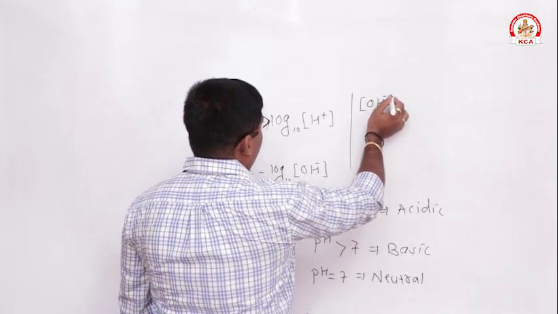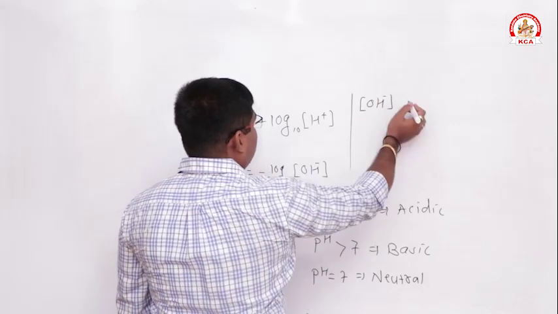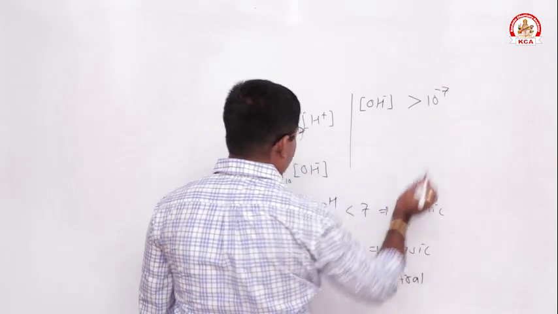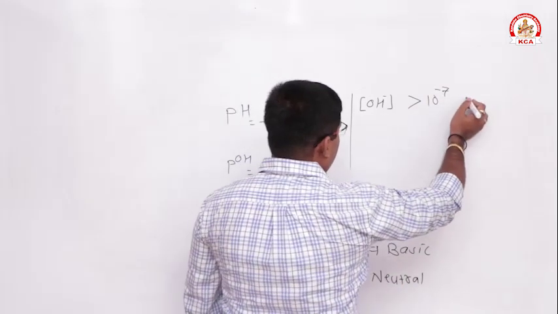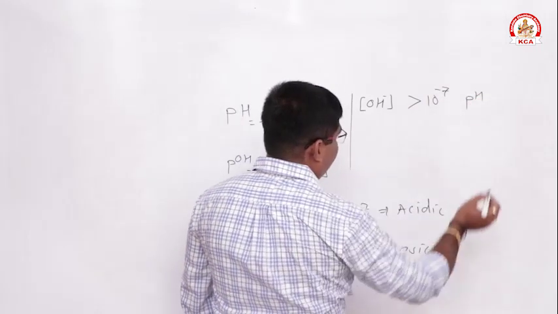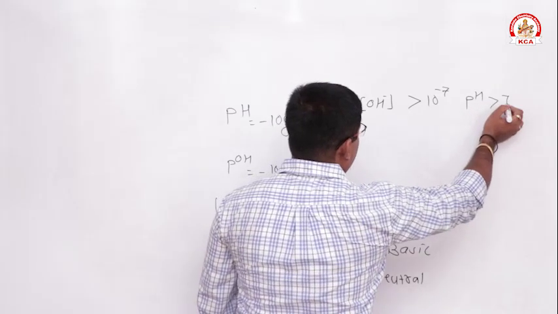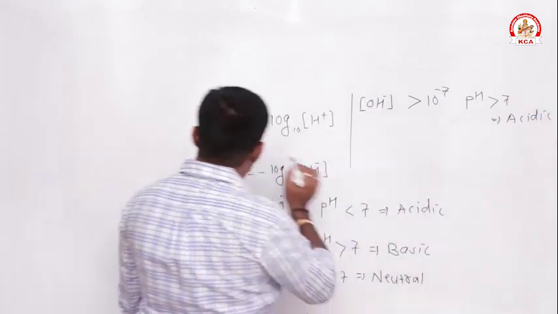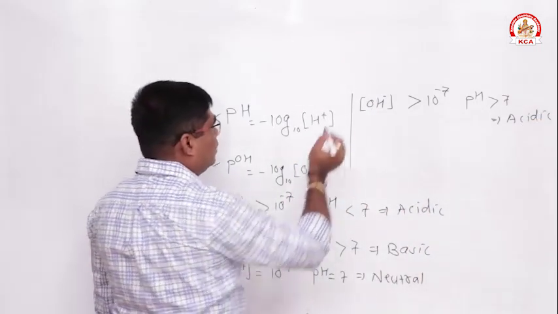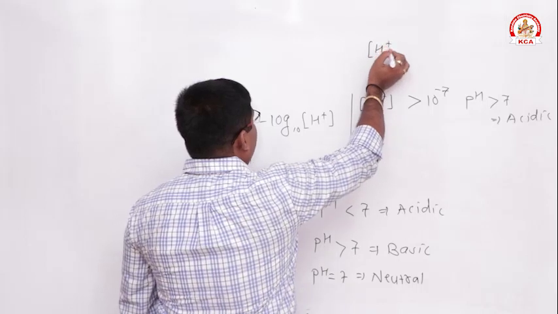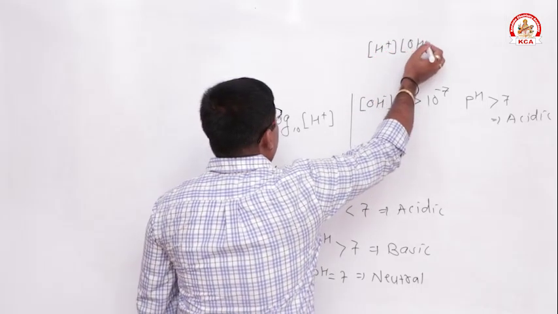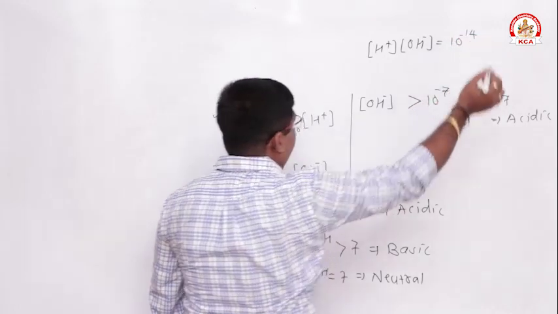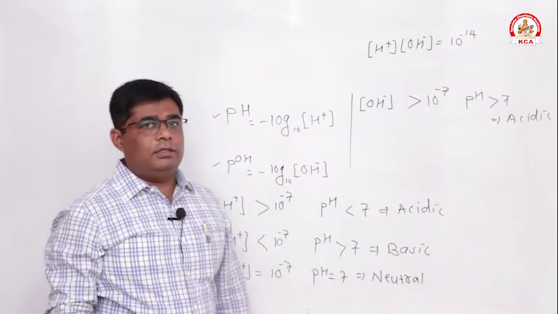You know that when OH minus ion concentration is greater than 10 raised to minus 7, then pH is more than 7, the solution is acidic. त्यासाठी हा आणि हा फॉर्म्युला कन्सिडर करा, किंवा तुम्हाला हे सुद्धा माहित आहे H plus ion concentration into OH minus concentration that is equal to 10 raised to minus 14, जे आपण मागच्या पिरियडला डिस्कस केलेलं आहे.